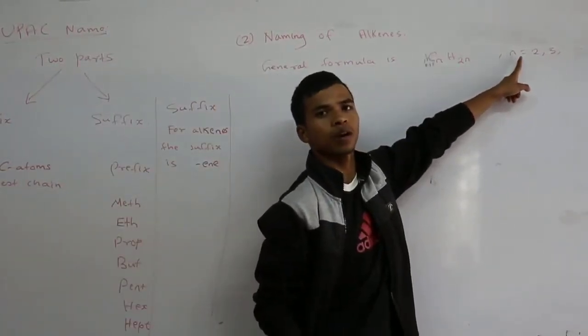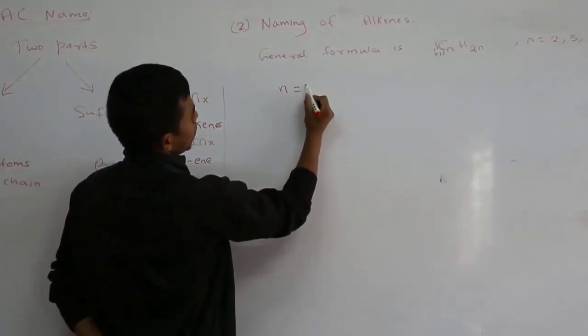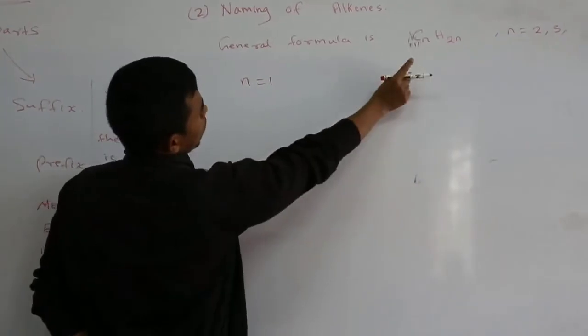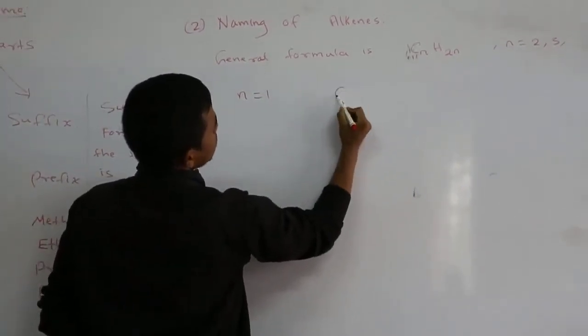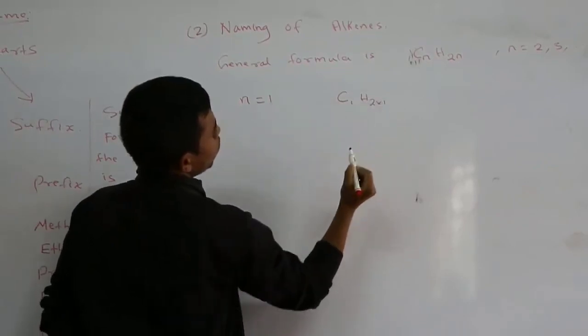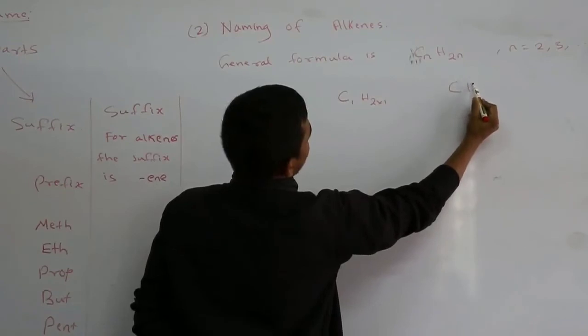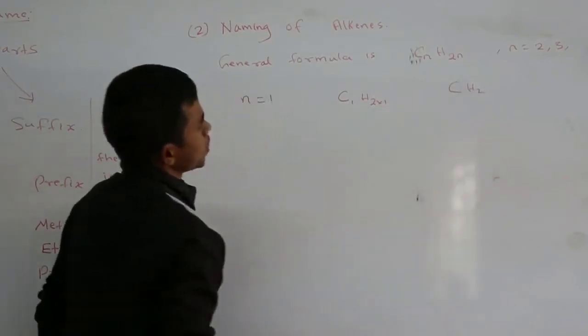Suppose let us have a look at the case when n is 1. Why is it not possible? See, when n is 1, according to this formula we will have C1H2 into 1, and here it will be CH2.